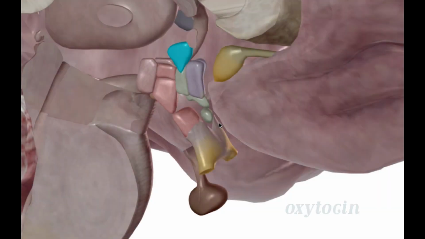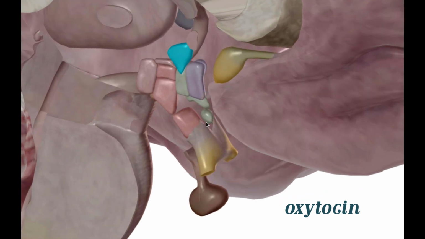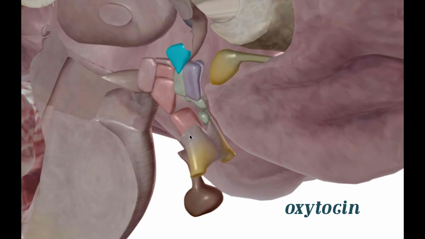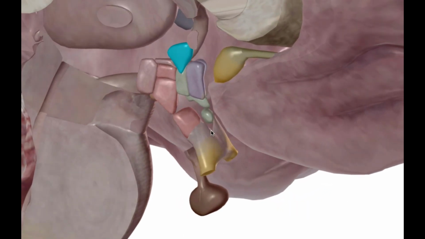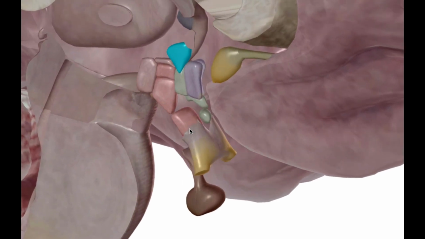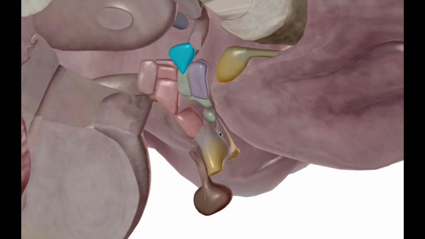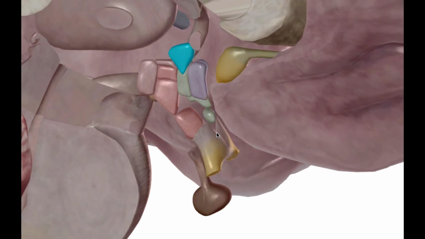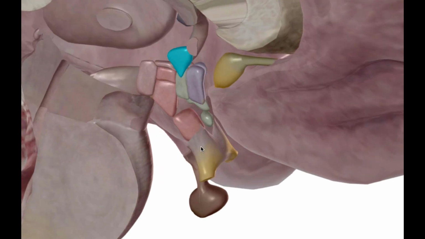Secondly, we're looking at oxytocin. Oxytocin is produced in the paraventricular nucleus, and it has a variety of reproductive functions, anywhere from stimulating arousal in both sexes, to stimulating uterine contraction, helping the semen to be transported in the female tract.